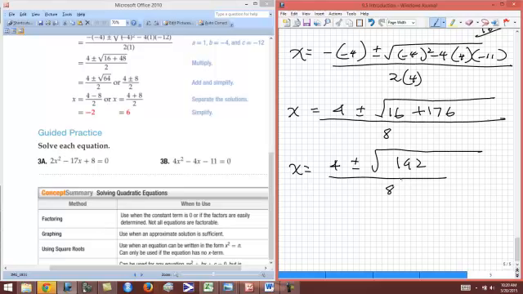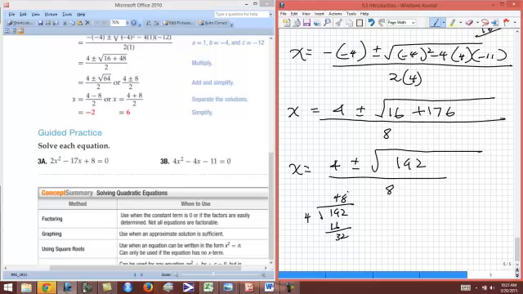Okay, now 192 is divisible by 3. It's not divisible by 9. Is it divisible by 4? It is. Okay, so let's see if we can break down 192. I'm going to divide it by 4, and it goes 4 times is 16, 32, 48. Now 48 has 16 in it, right?